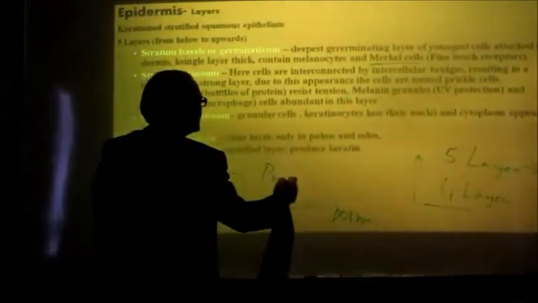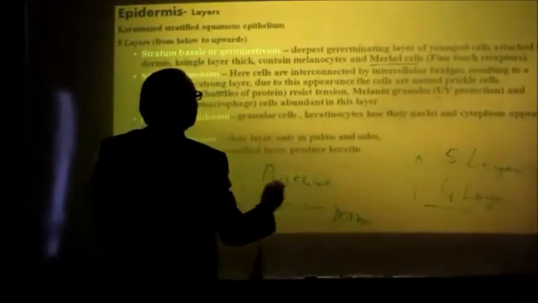Now these cells are also connected with special intercellular arrangements, which we call desmosomes, and by binding cells together by desmosomes, the layer is strong enough. And if we take one of the cells out, it appears as a prickle cell.